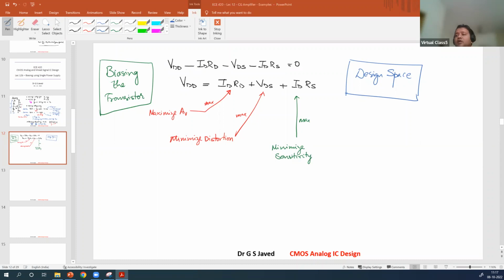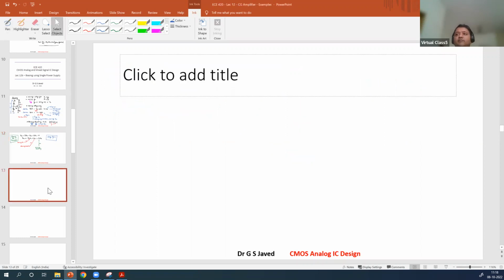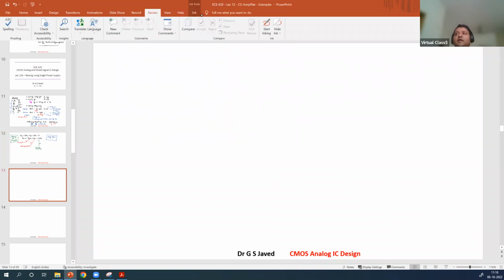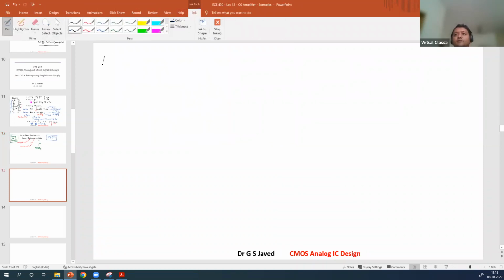Now instead of doing this theoretically, let us do it with an example, because an example along with the numerical will enforce the idea into your head. Learn by example, that is the best way. So I will redo the same diagram: RD, VDS, RS, ground, VDD, current ID, the supply across the transistor.